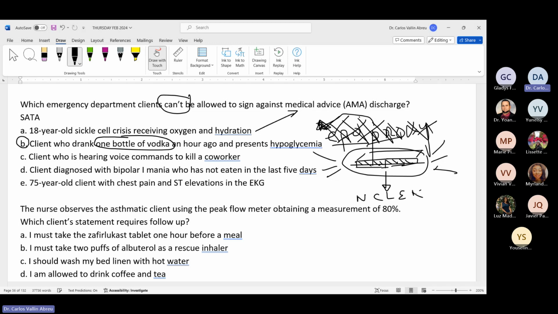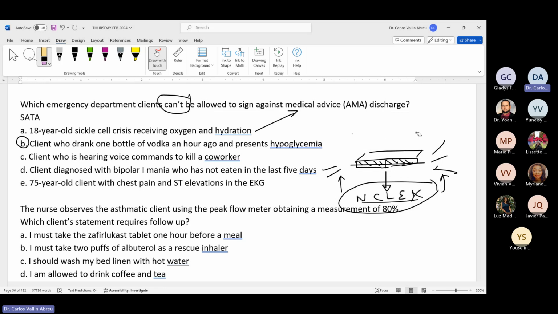My mind is not centered on real life situations, because real life situations you are going to learn when you get your license, and you are going to learn that better than me. But NCLEX doesn't usually make such complicated questions that you need to consult with the supervisor, and maybe the supervisor is going to call the legal advisor of the facility to make the decision because the scenario is so complex. So don't worry, forget it.